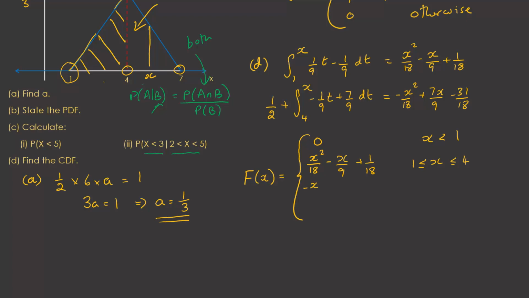And then it will be -x² over 18 plus 7x over 9, take away 31 over 18 when x is from 4 up to 7, and then 1 if x is more than 7.